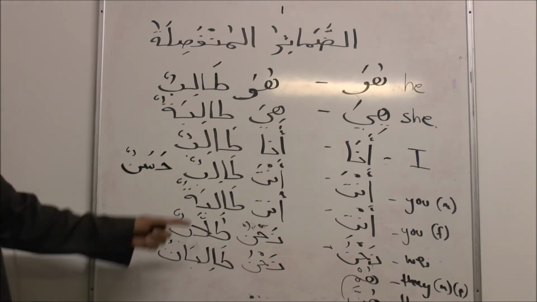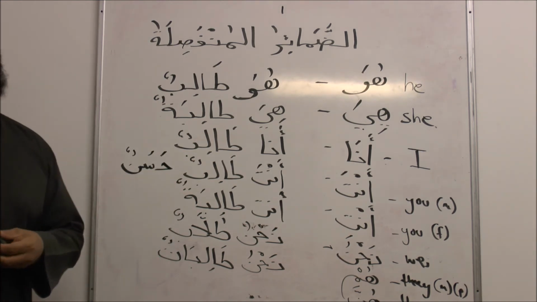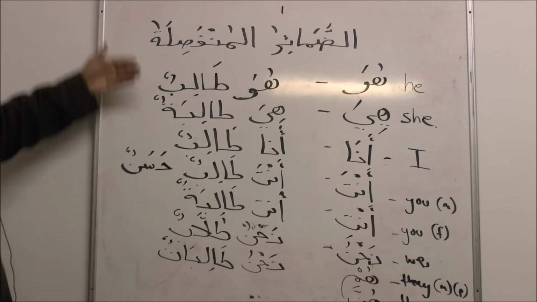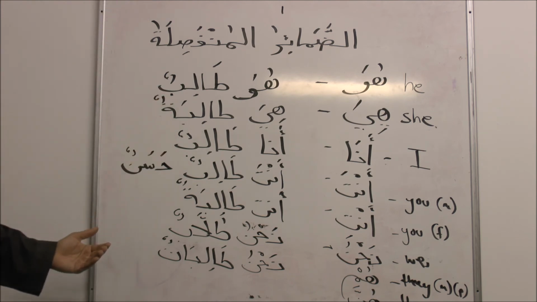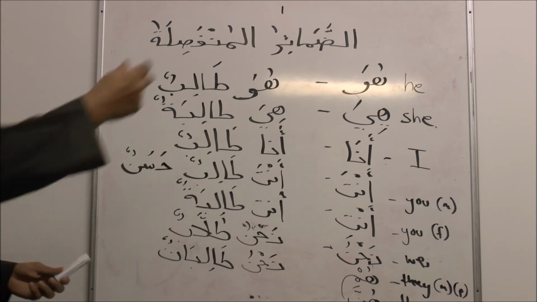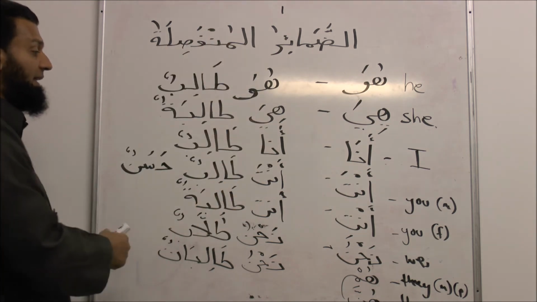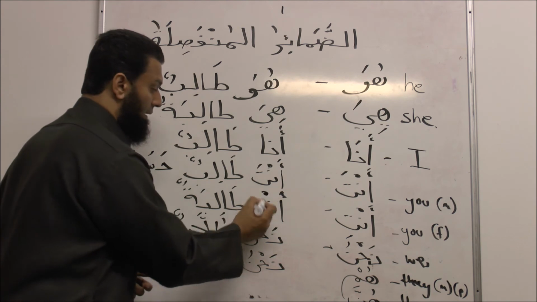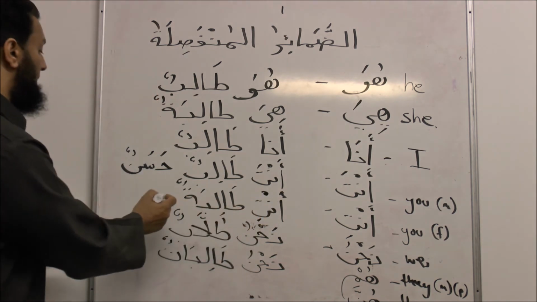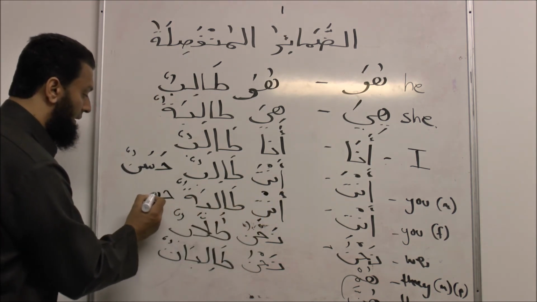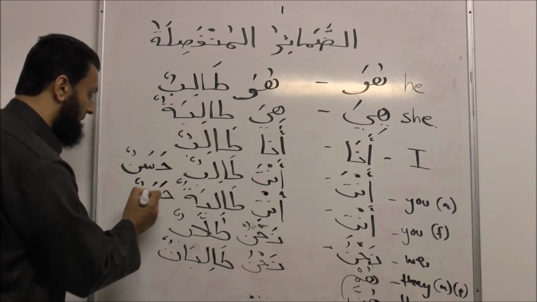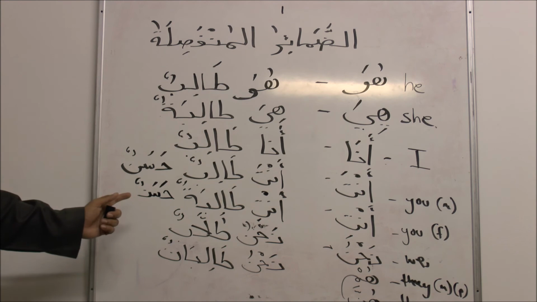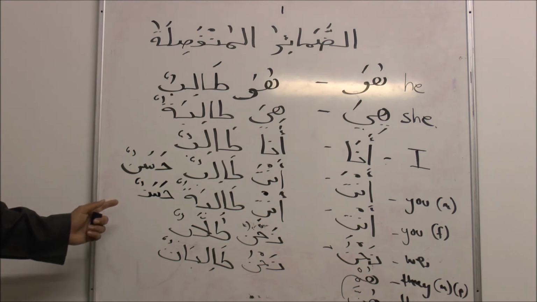Enta talibun hasanun. Now, similarly, we could apply hasanun to all of the others. Right? If we're referring to a single female student, we'd say anti talibatun hasanun. Is that right, Muhammad? لا. Why? Good, I like that.